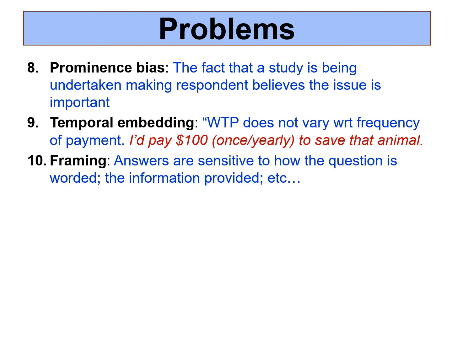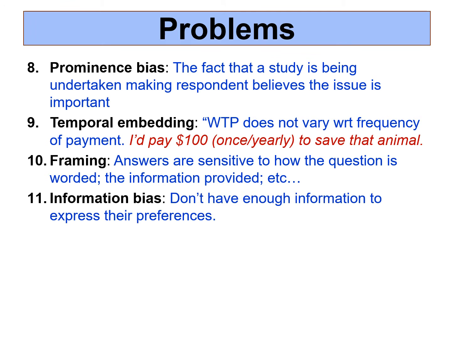Okay? And the next one is framing. So their answers are very sensitive to how your question is framed or worded. If, let's say, you frame it in such a way it looks very severe, they may be willing to pay whatever amounts that you propose to them, right?